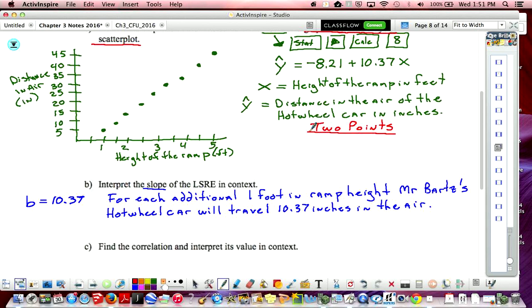So what I have to do is figure out what 2 points I can use to graph this least squared regression equation. Well, if I look at my equation itself, what's a point that I know is going to be on my graph that I can easily find just by looking at the equation?